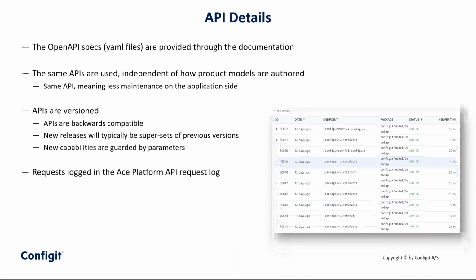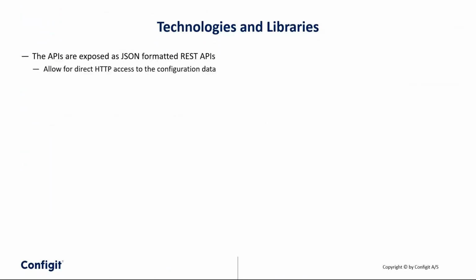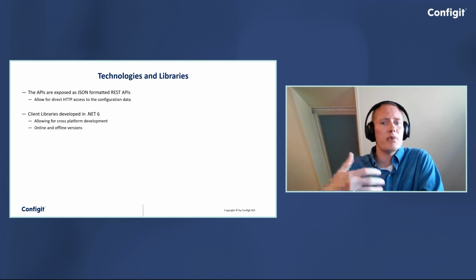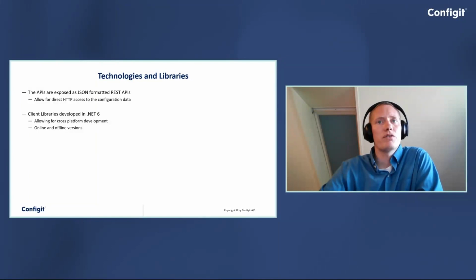And if we now dive a little bit into the technologies of the APIs themselves, then as I said before, the APIs are JSON-based REST APIs that allow for direct HTTP access to the configuration data. So you can use that from any application you're in. Besides that, we have a number of client libraries that are developed in .NET 6.